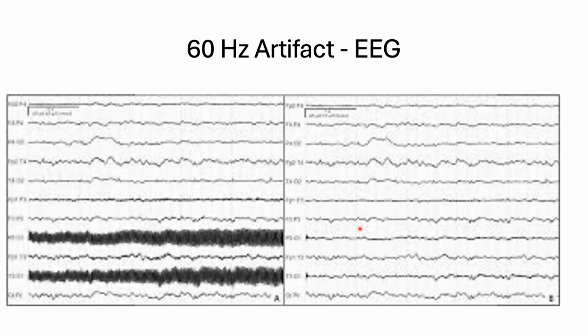And here is not a very good one, but this is 60 hertz artifact. You see these just absolutely dark, thick, black signals. And then here, they go away. This is 60 hertz artifact. 60 hertz because current in the United States from the wall, power sources, things like that, are alternating current, and they run on 60 hertz frequency.